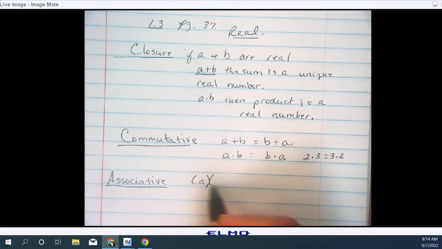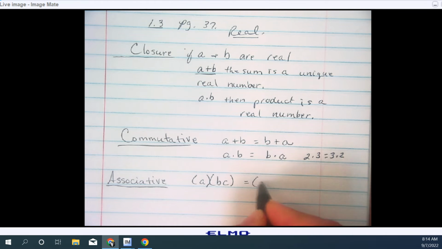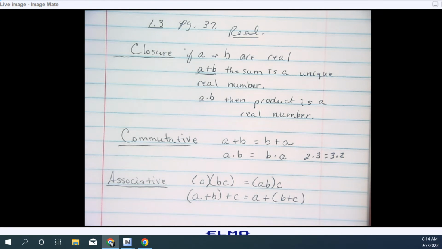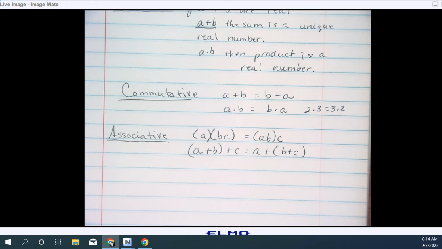If I multiply, and I'm just going to put parentheses around these, and if I have A plus B plus C, or if I have A plus B plus C, it's the associative property. Now, notice there are 3 numbers involved in each of these cases, not 2.